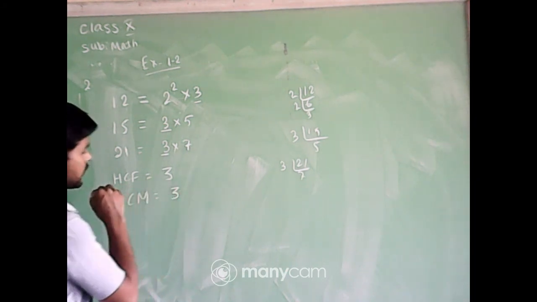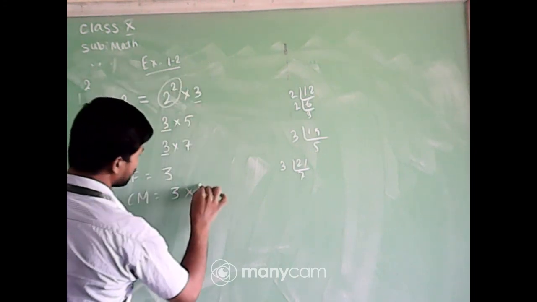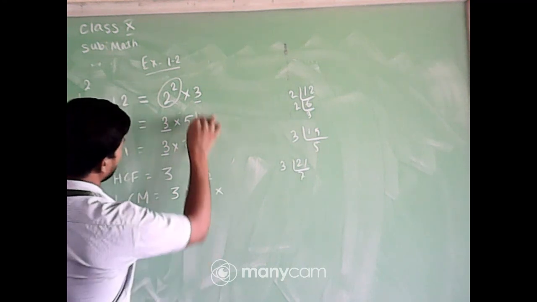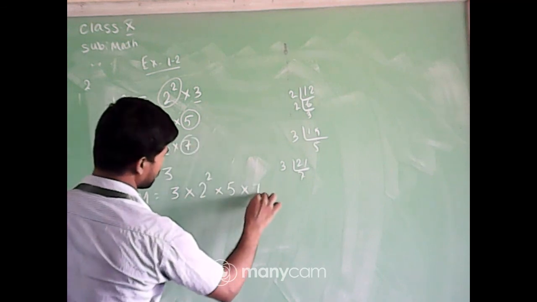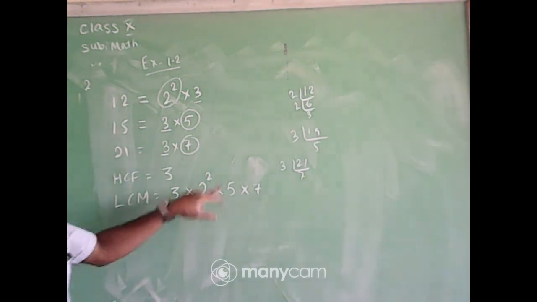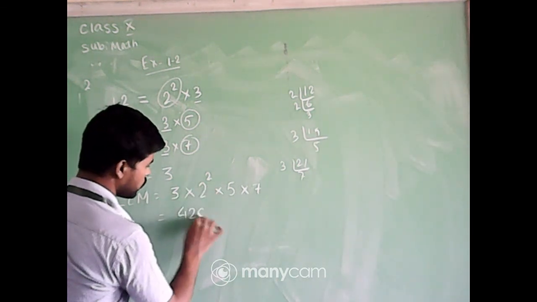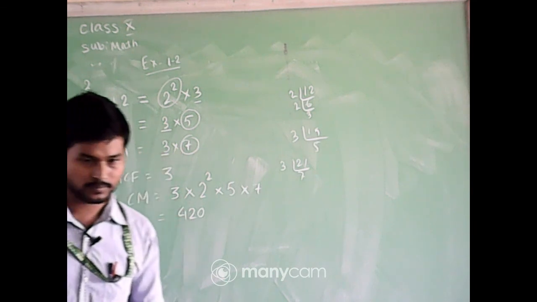The common factor is 3 and the highest power of 3 is 1. Into it, write all the terms we have not written yet: 2 square, 5, and 7. Now multiply all the numbers, which is 420. So 420 is the LCM and HCF is equal to 3.